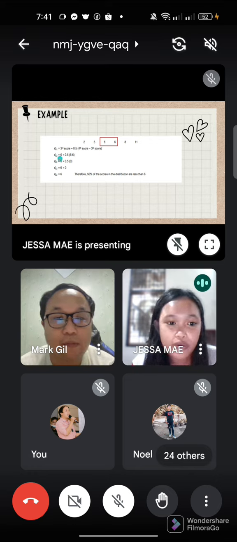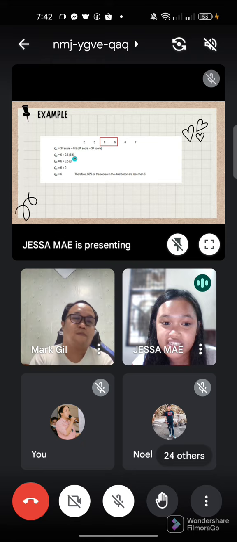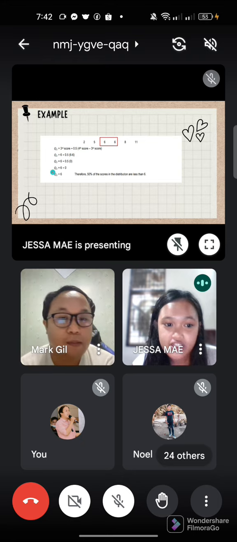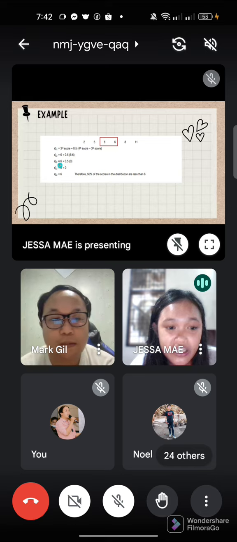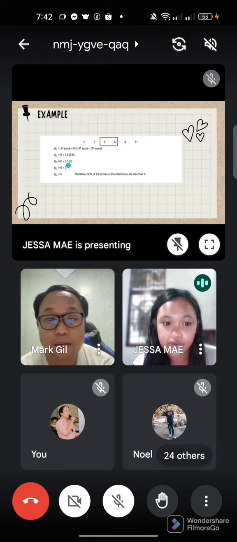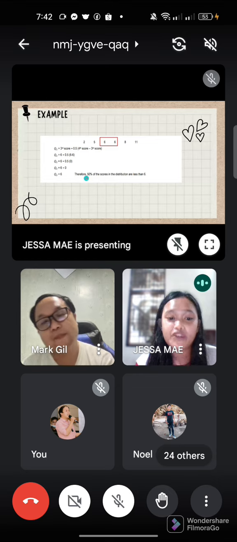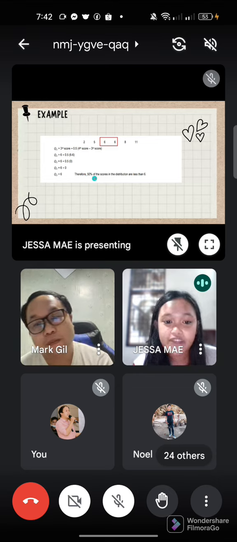The third score is 6, plus 0.5, which is given, and 6 minus 6, the fourth and the third score, equals 0. So the answer is 6 plus 0, because 0.5 times 0 is 0. Quartile 2 equals 6. Therefore, the interpretation: 50% of the scores in the distribution are less than 6.